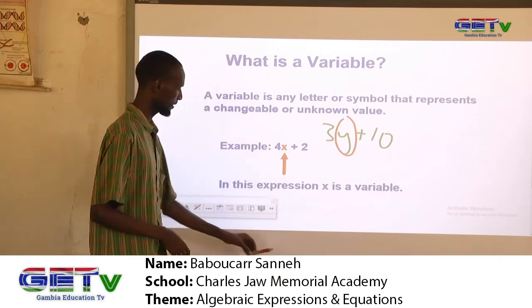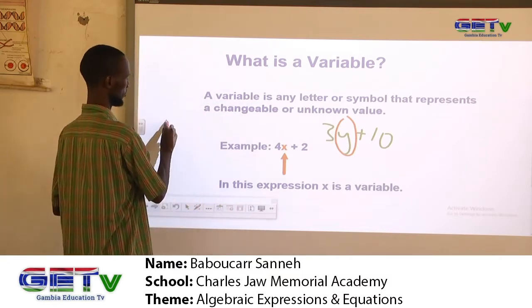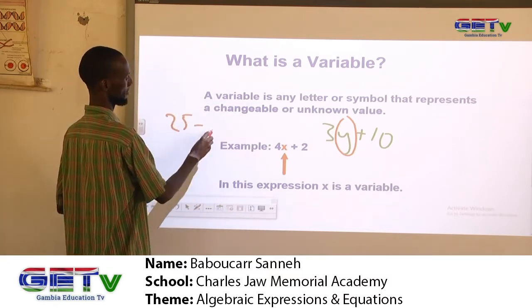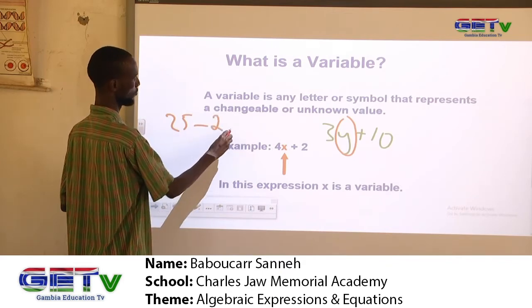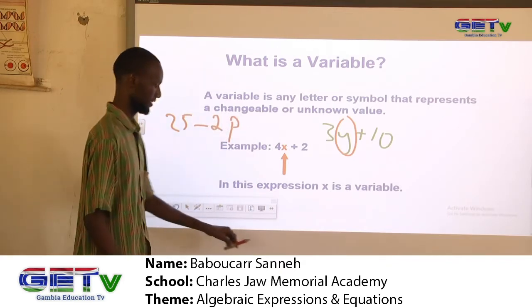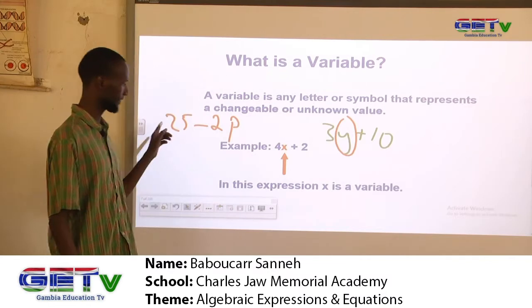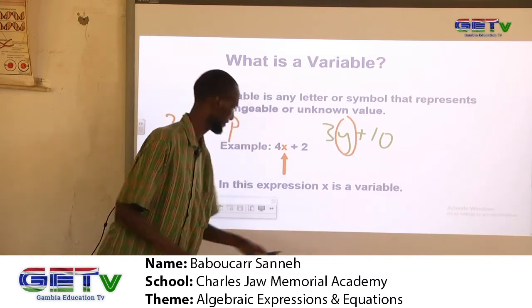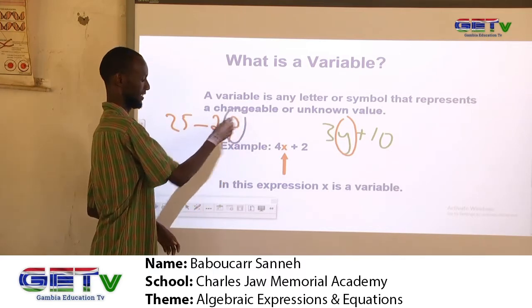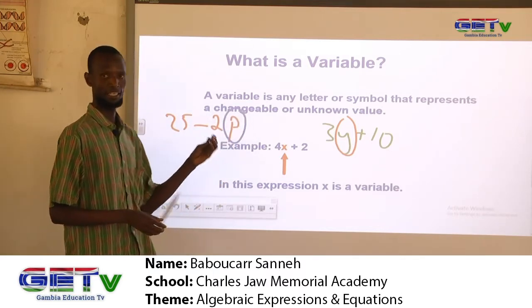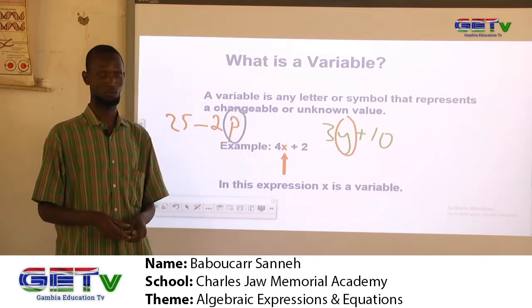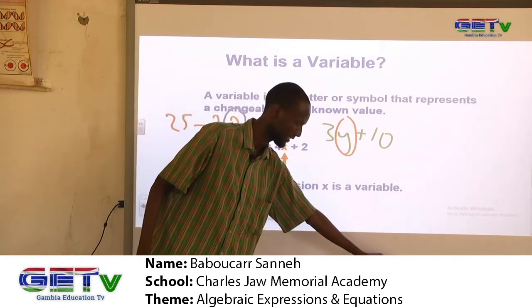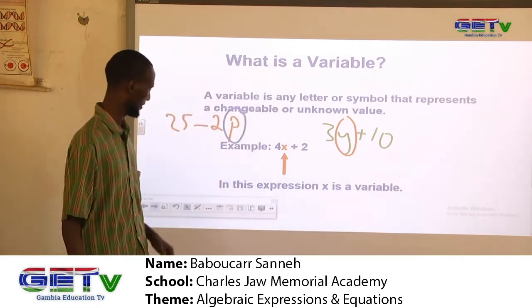And if I have something like 25 minus, let's say, 2p, still, in all of that, the only letter you have there is the p. So the p, in that case, becomes your variable. So the variable is just the letter. That should be easy to remember.